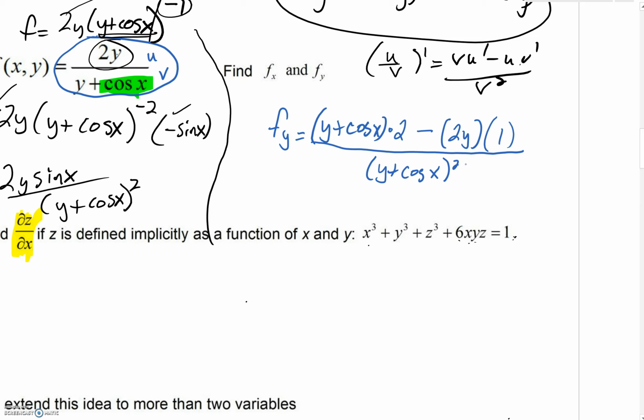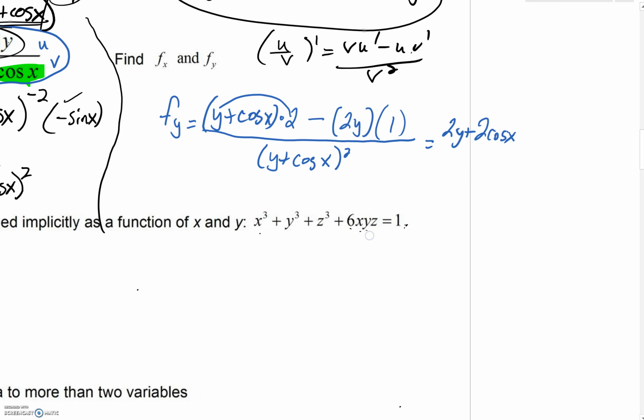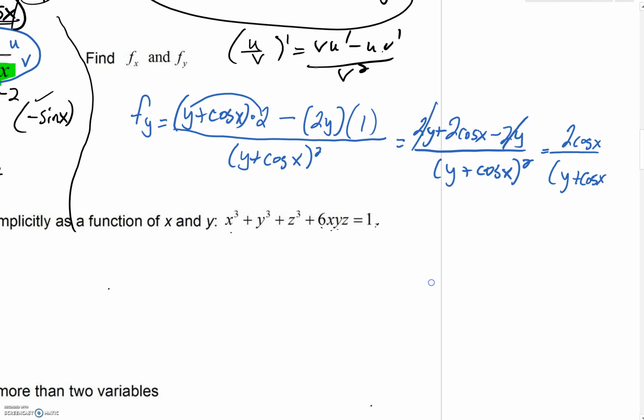As we clean this up, distributing this 2, we would have 2y plus 2 cosine of x minus 2y, all over y plus cosine of x squared. You can see our 2y's are going to cancel out. You will be left simply with 2 cosine of x all over y plus cosine of x, whole thing squared. That would be your derivative with respect to y.